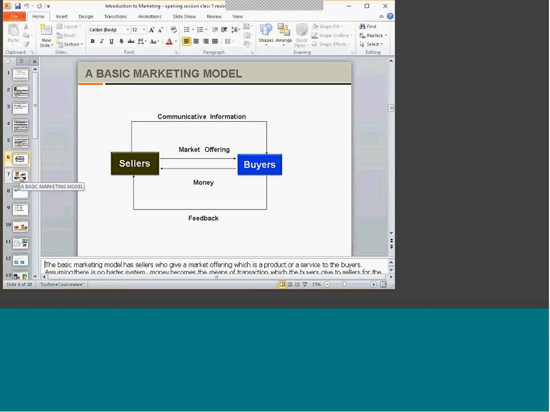Okay. Marketing has to be with product quality. Very, very interesting question. So today's question is, who defines quality? Man or customer?